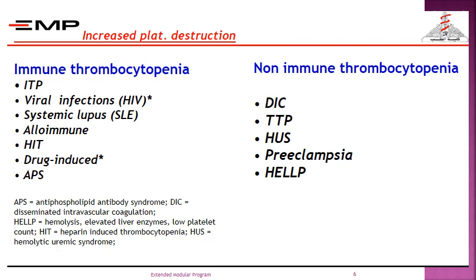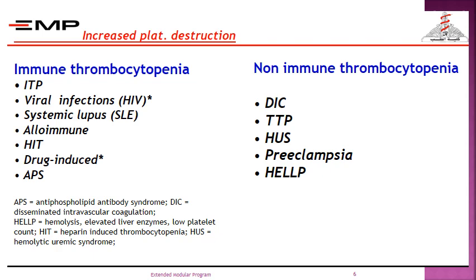Increased platelet destruction may be immune or non-immune. Immune thrombocytopenia, like ITP, idiopathic thrombocytopenic purpura, may be post-viral, may be secondary to systemic lupus or alloimmunity, heparin-induced thrombocytopenia, drug-induced thrombocytopenia, and antiphospholipid syndrome.